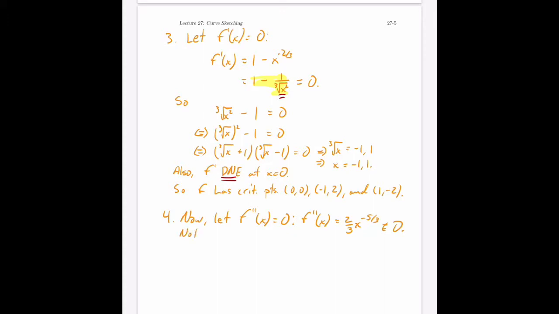And we should also note that f double prime does not exist at x equals 0, which should make sense because f prime didn't exist at 0 either.